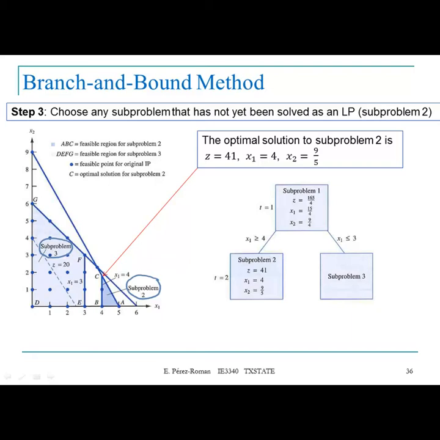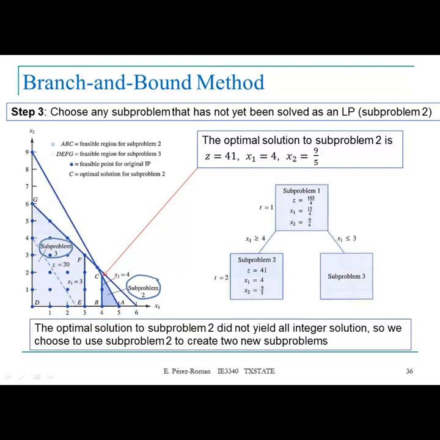Remember, both of them were fractional values. Now, we added the constraints x1 greater or equal to 4 and x1 less than or equal to 3, and we found the solution for subproblem number 2, which is here. The solution is x1 equals 4, x2 equals 9 over 5. We haven't touched this other area yet. We are looking at this area first. Any questions so far?